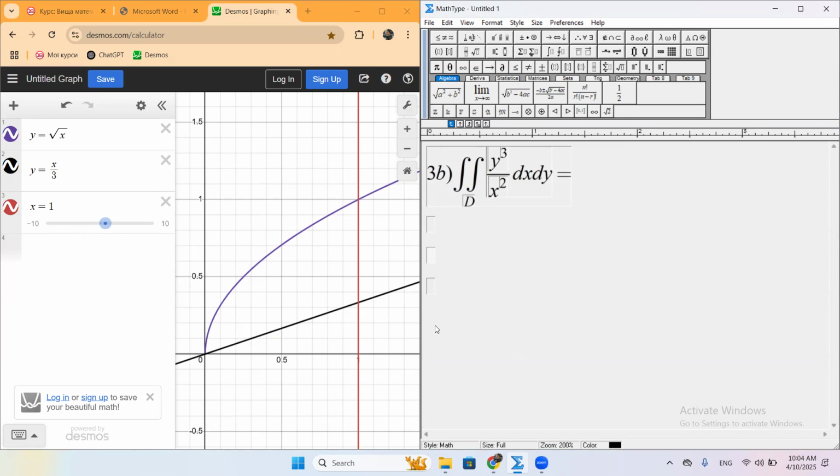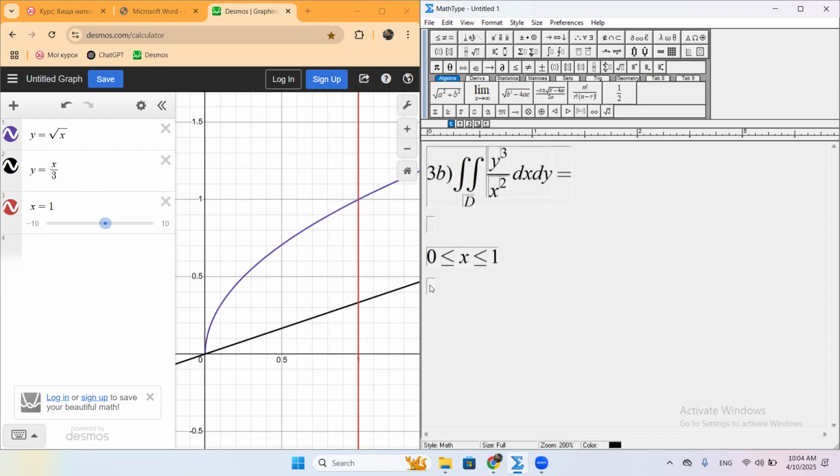So now let's describe this region of integration. x reaches values from 0 to 1. So it will be easier to integrate with outer bounds of integration by x and inner by y.